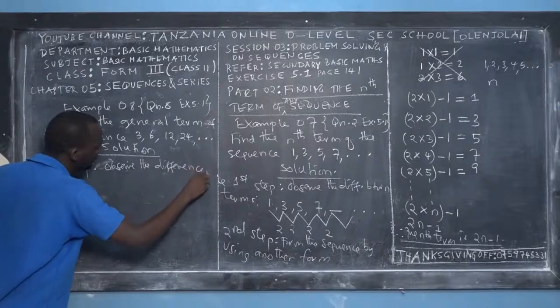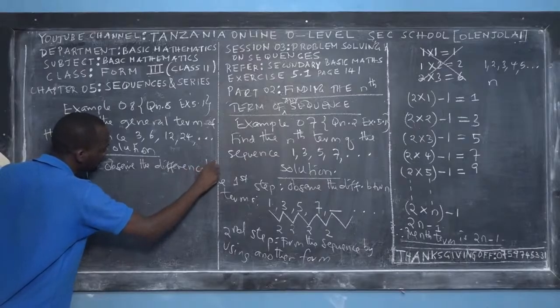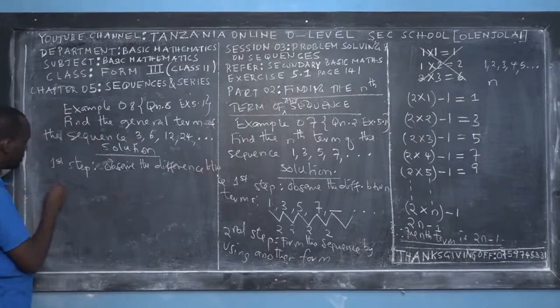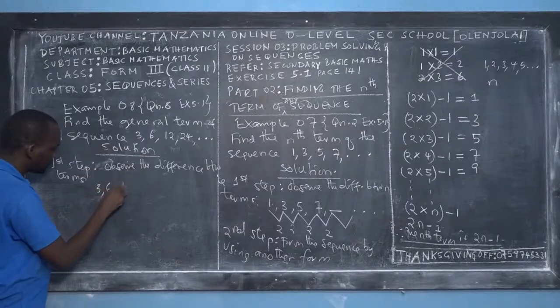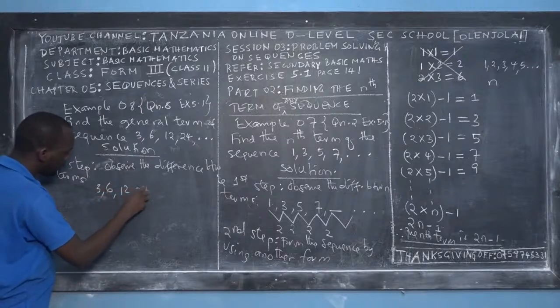Difference between what? Difference between the terms. If you observe the difference, the terms given are 6, 12, and 25.